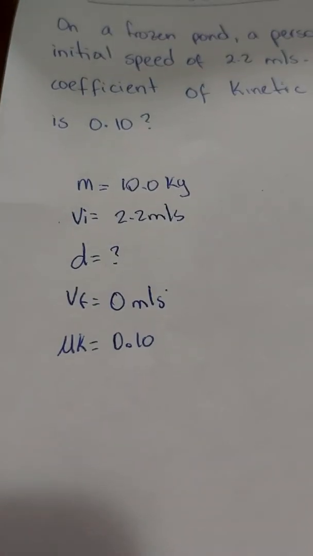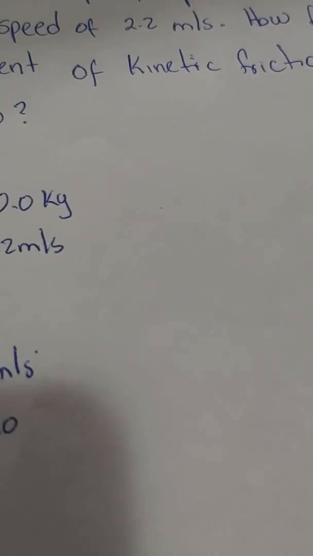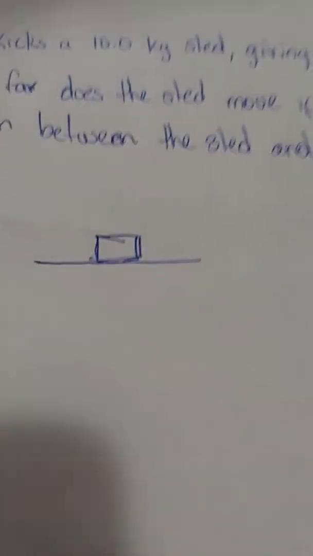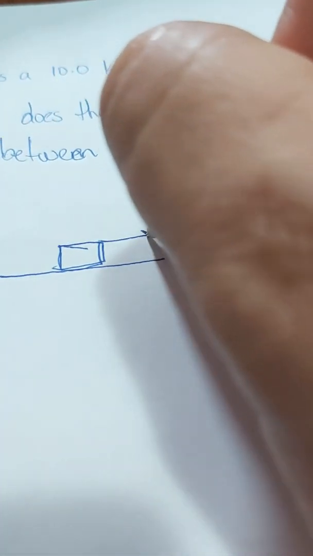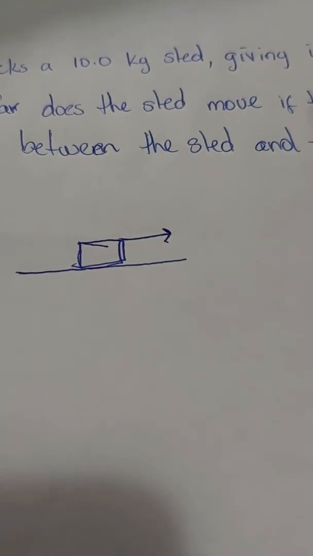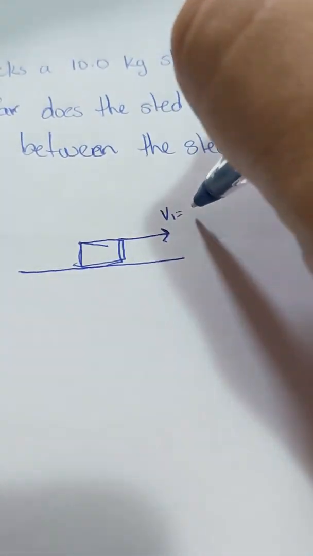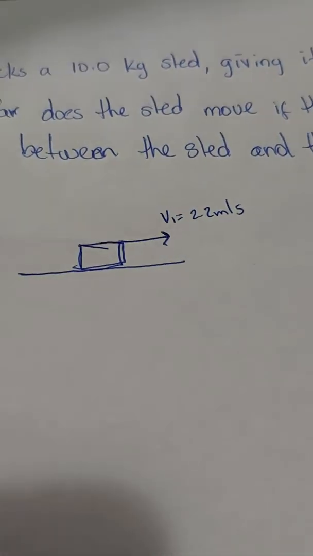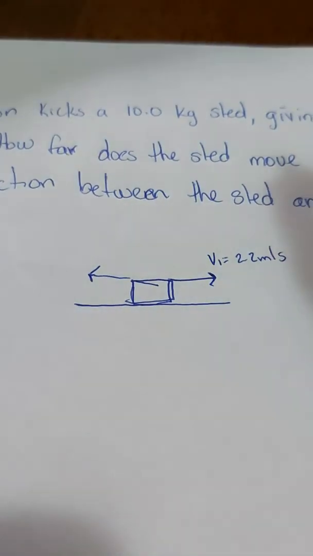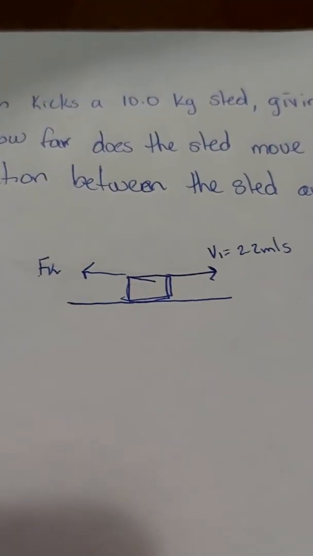Now we have our sled on the ice, right? The sled is kicked in this direction, and we know that it has an initial velocity of 2.2 meters per second. And if they give us a coefficient of kinetic friction, that means that there is kinetic friction, right?